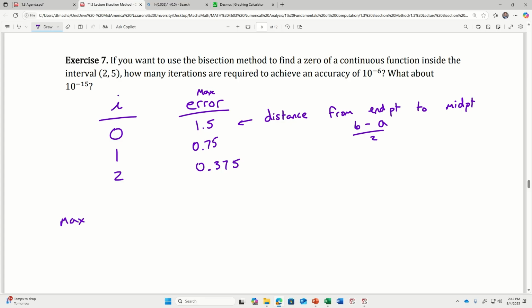The maximum amount of error I can possibly have is going to be 1.5 times 1/2 raised to the i power. And I need this to be less than 10 to the negative 6th. Okay? So, solve the inequality for i.